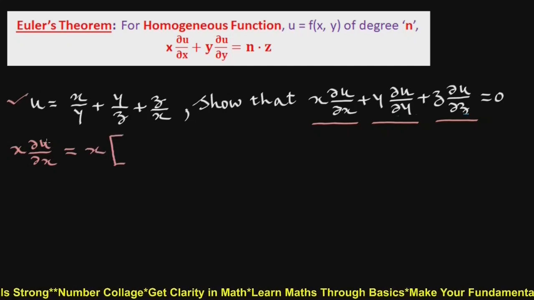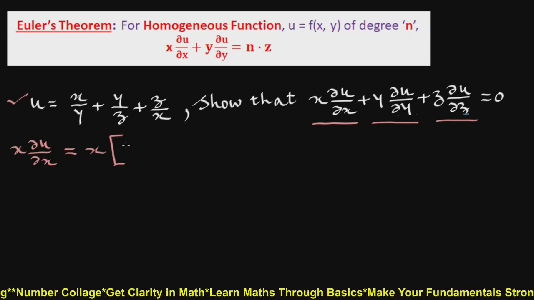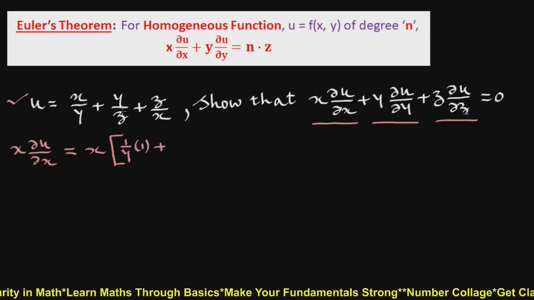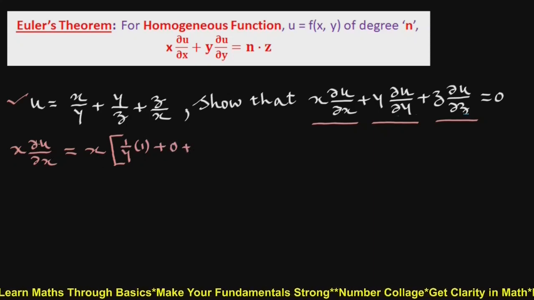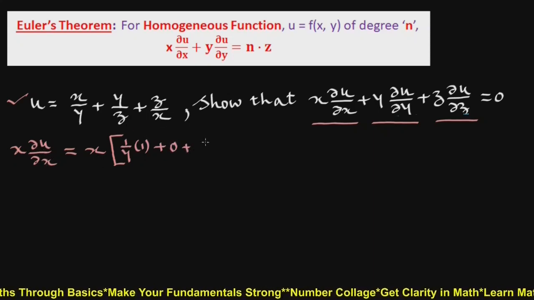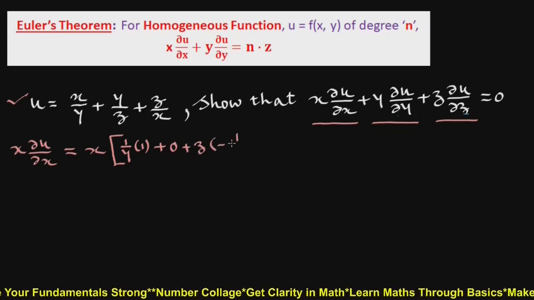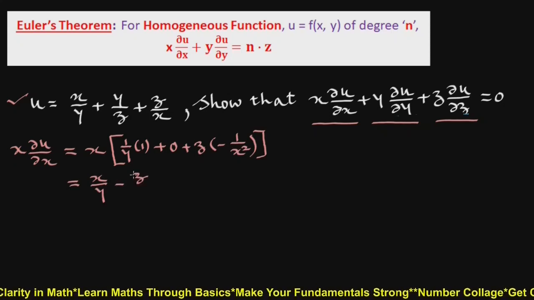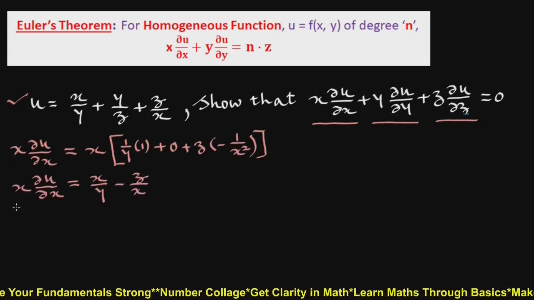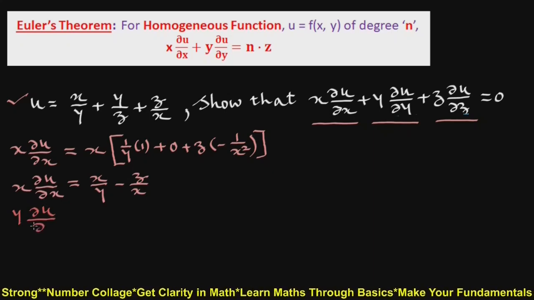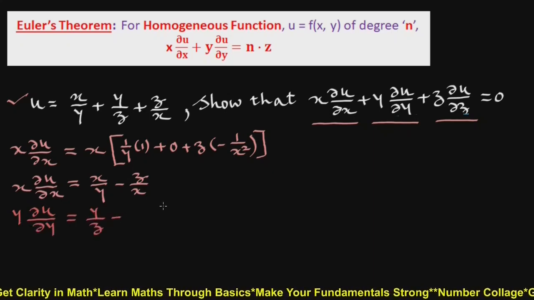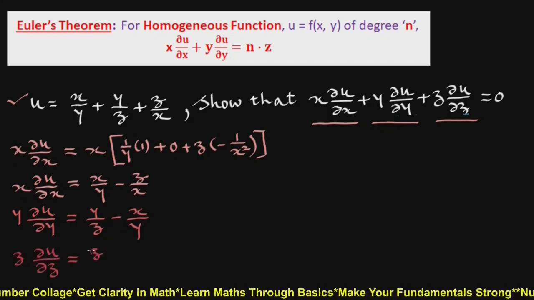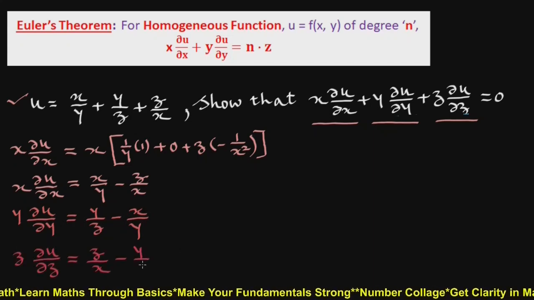X into ∂/∂x of x upon y will be 1 upon y into 1 plus ∂/∂x of y upon z will be 0 plus ∂/∂x of z upon x will be z into minus 1 upon x square. This will be x upon y minus z upon x. On similar lines, y ∂u/∂y will be y upon z minus x upon y, and z ∂u/∂z will be z upon x minus y upon z.